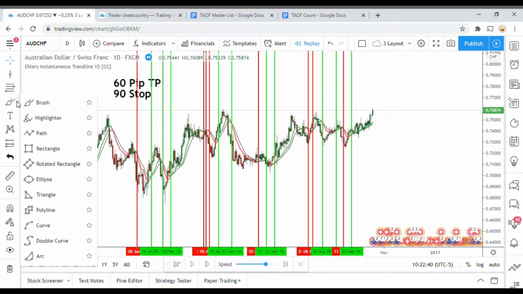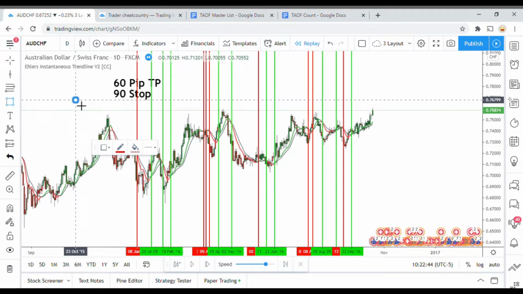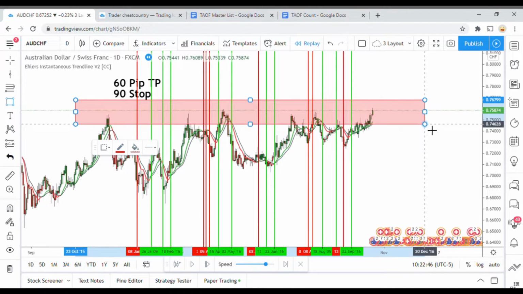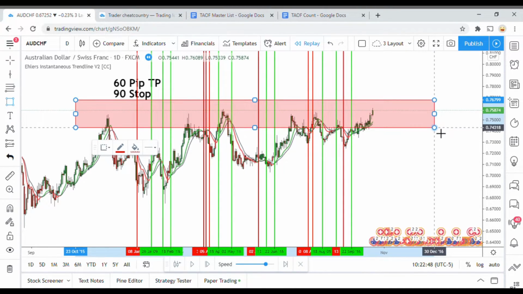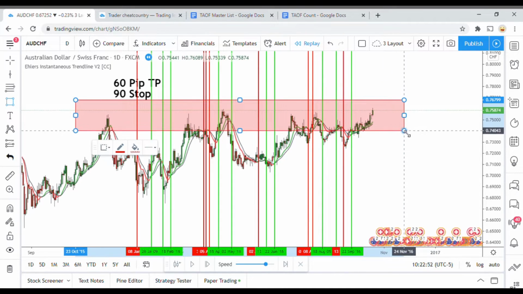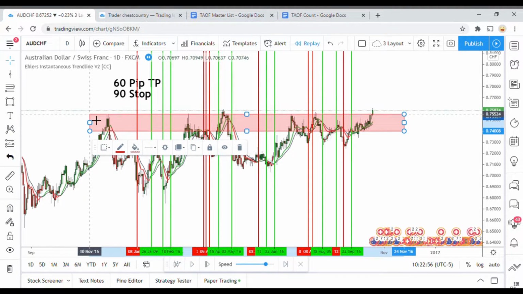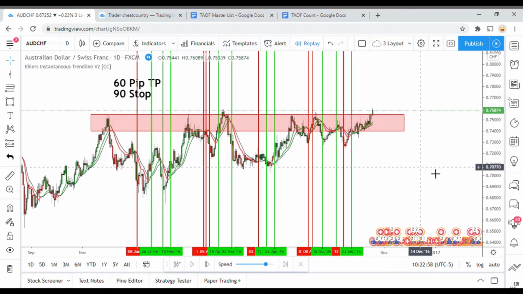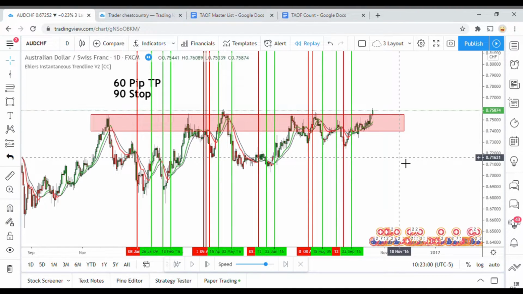And so we have this area up here where price action just keeps bouncing off of over and over and over.